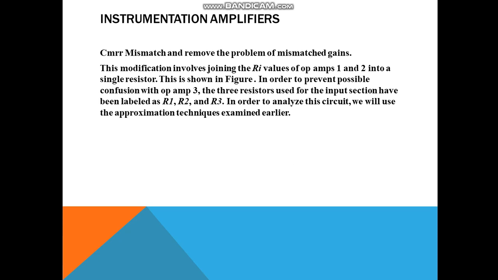The common mode rejection ratio mismatch, and the problem of mismatched gains, can be removed by the usage of single resistors, which are the Ri values for the op-amp, as shown in the following figure.